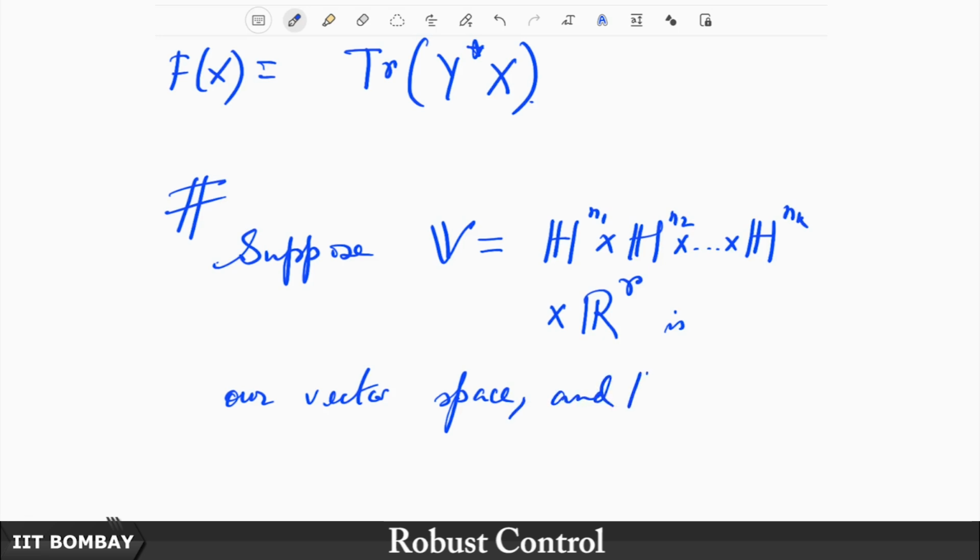and f from this vector space to the real line is a linear functional.